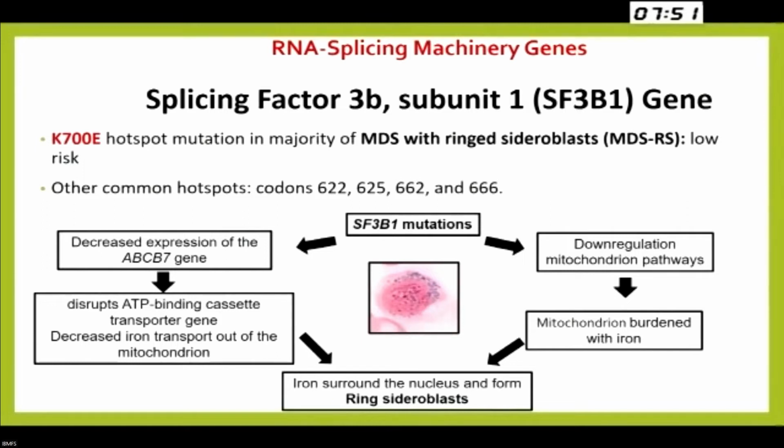And in the 2016 classification, how to diagnose RARS has been further refined. And you know that this is one of the best or the most treatable types of MDS. You have a drug available in this called luspatercept, which is now in use in many centers.